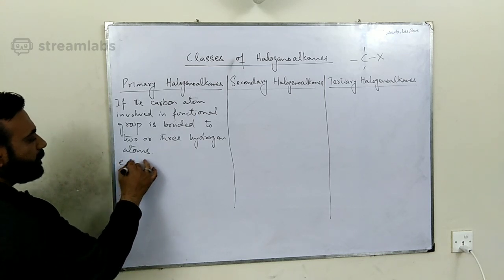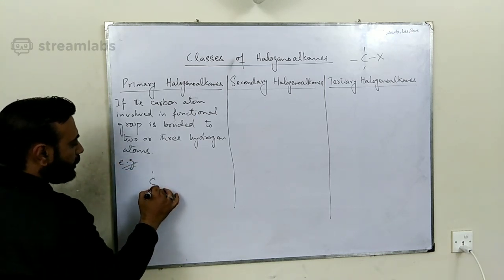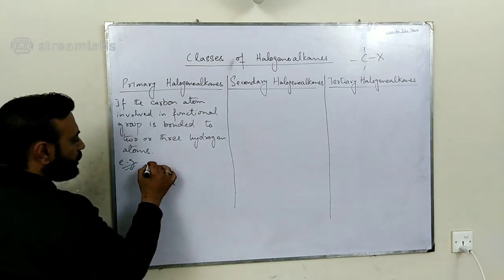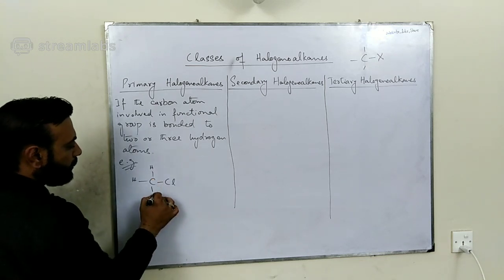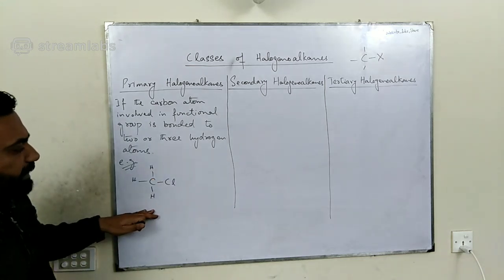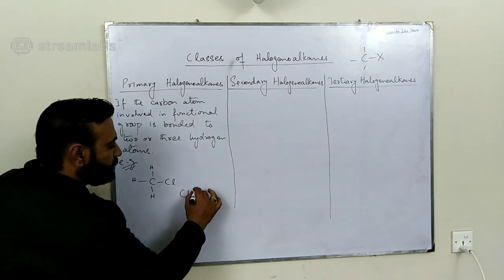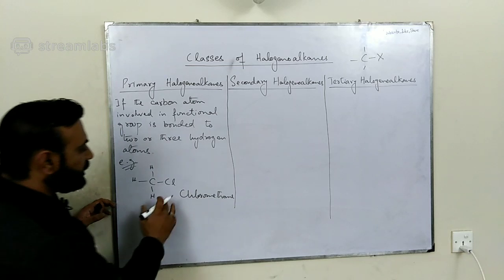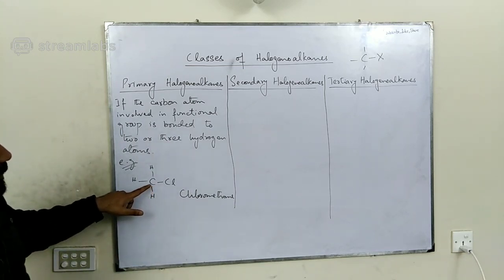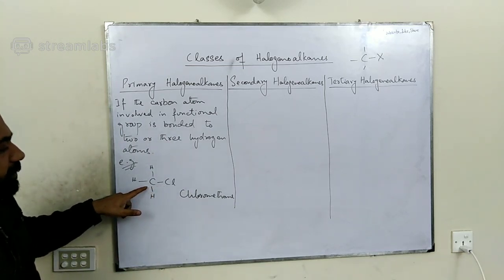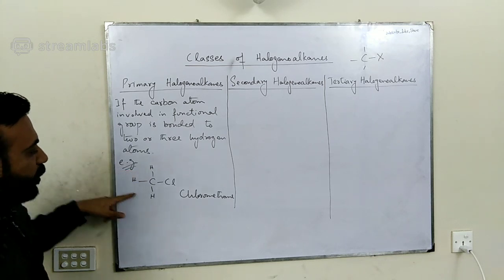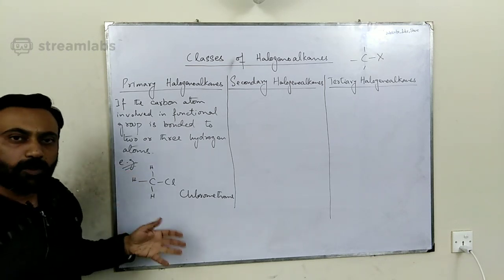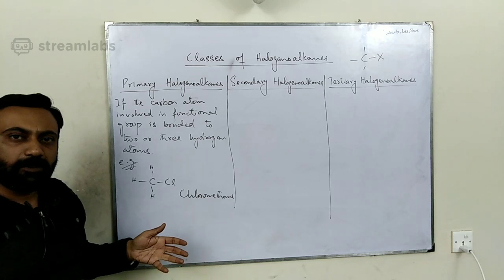For example, this is chloromethane. In this compound, the carbon atom involved in the functional group, which is the only carbon atom, is bonded to 3 hydrogen atoms. So chloromethane is a primary halogenoalkane.